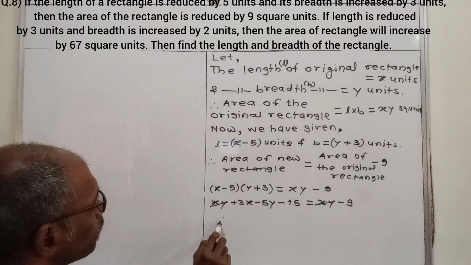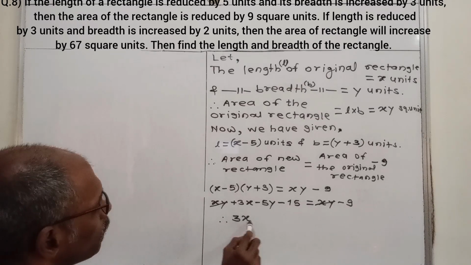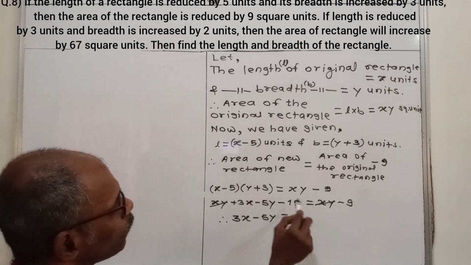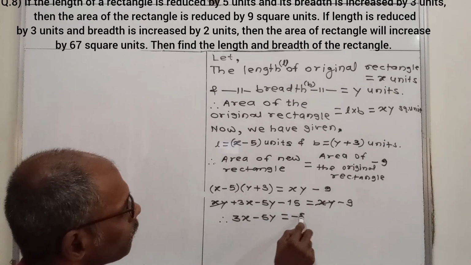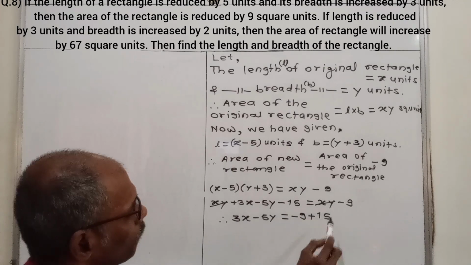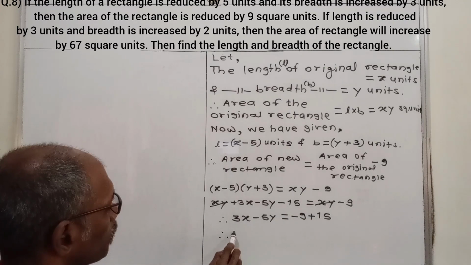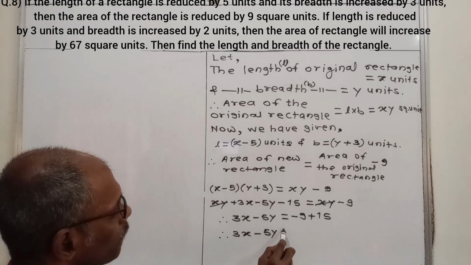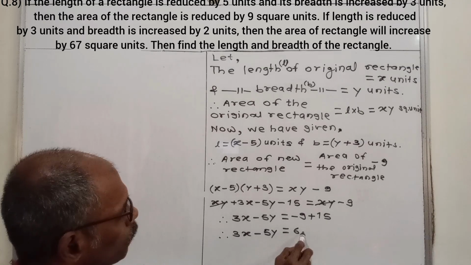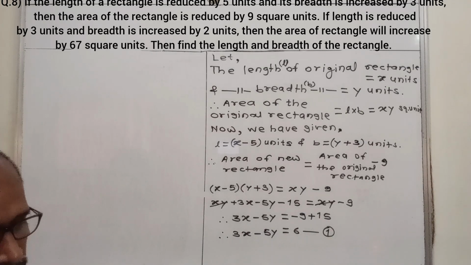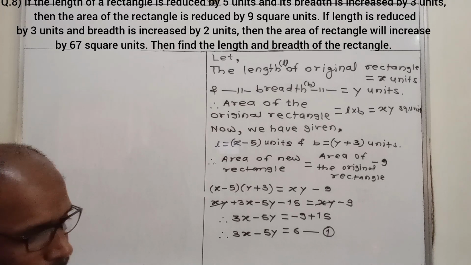Then what is left? Therefore 3x minus 5y is equal to, taking this to the right side, minus 9 plus 15. Therefore 3x minus 5y is equal to 6. Equation number 1. Did you get it?